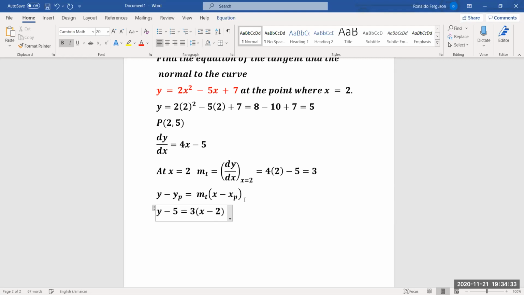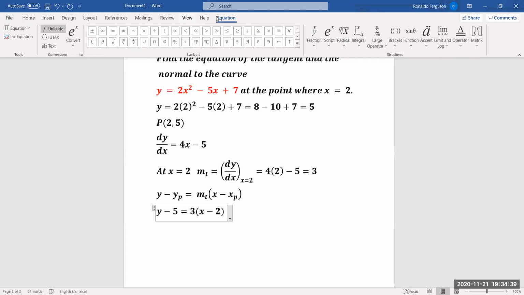So that's the equation of the tangent. Of course, they're going to want you to simplify it, meaning make y the subject. So don't leave it like that. We can bring over the 5 to say y is equal to 3x minus 6 plus 5. Tell me if you agree with that.